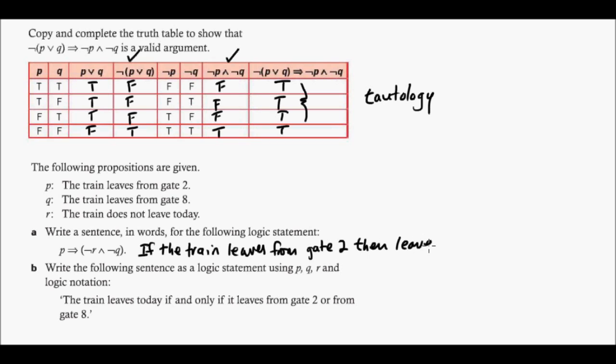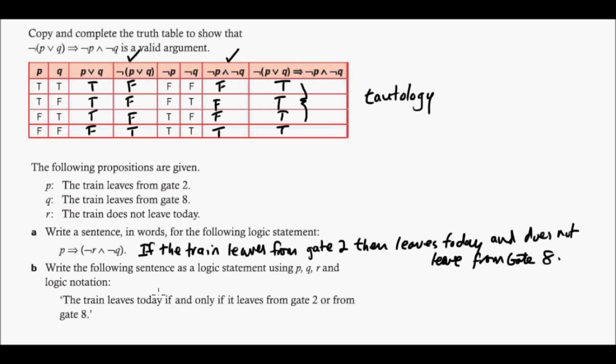So it's not. That's kind of confusing. And does not leave from gate 8. I think, yeah, from gate 8. Okay, so there you go. There's a lot of leeway on those, by the way, so just do the best you can to say what it means. Those are weird.